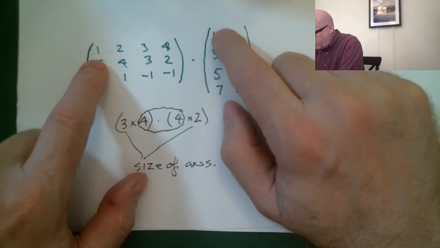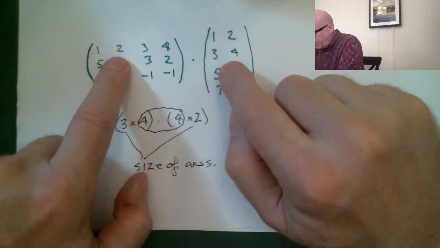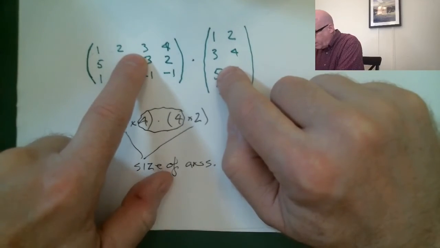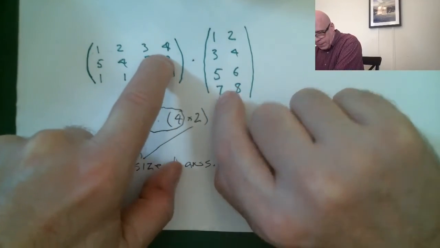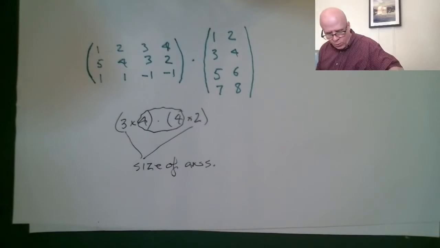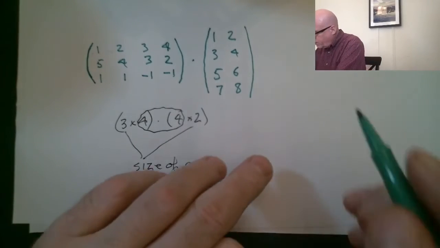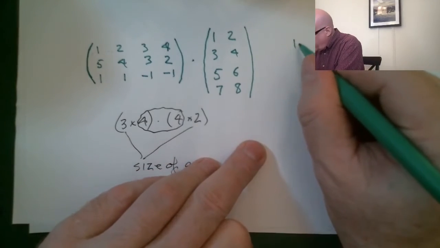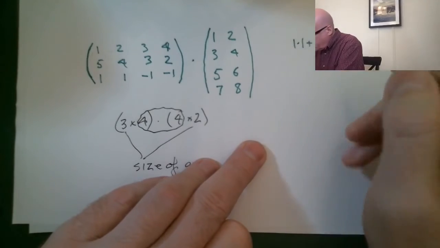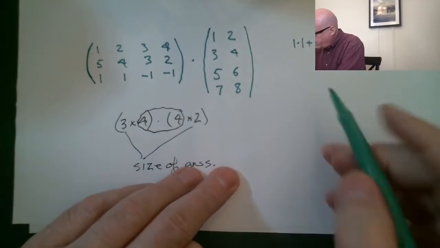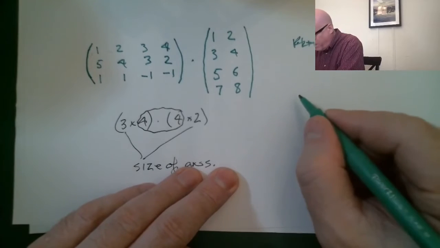So it's 1 times 1 plus 2 times 3 plus 3 times 5 plus 4 times 7. Well, that was more than I want to do in my head, but let me write down what we just said. 1 times 1 plus, oh, that's in the wrong spot. Under my face.